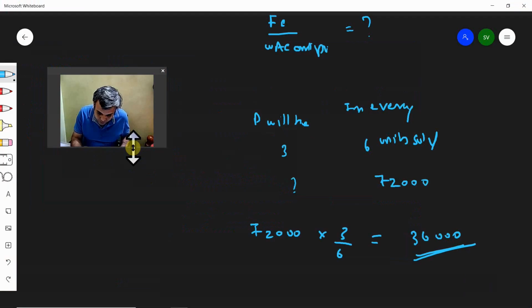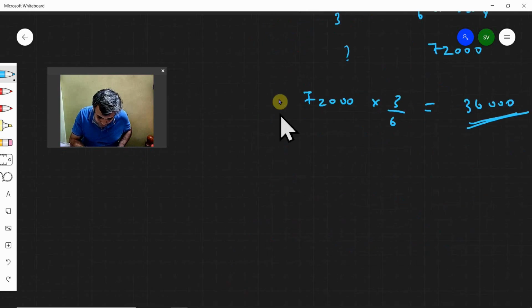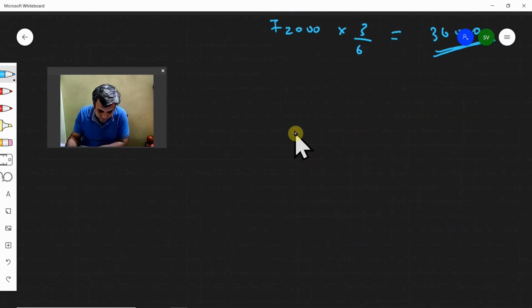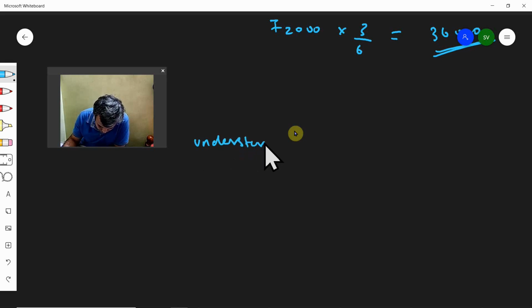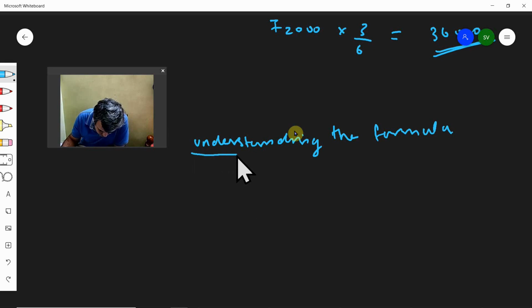Let's go. Understanding the formula. Understanding the formula, what?